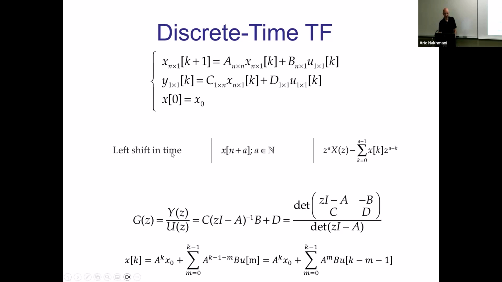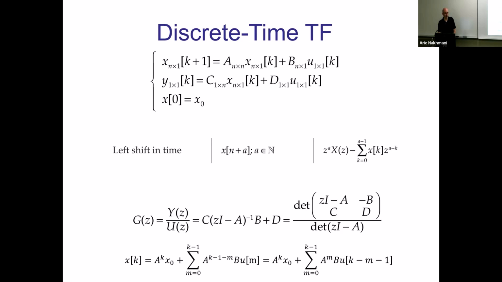To remind you, a left shift in time, which is a pseudo derivative, like an approximation of a derivative, will look like that. So you have something related to initial conditions, and pay attention that we are typically using that only for a equals to 1. So for a equals to 1, the thing equals 0 here, which means the only term you have here is x0, which is the initial conditions, times z to the power of 1, right?